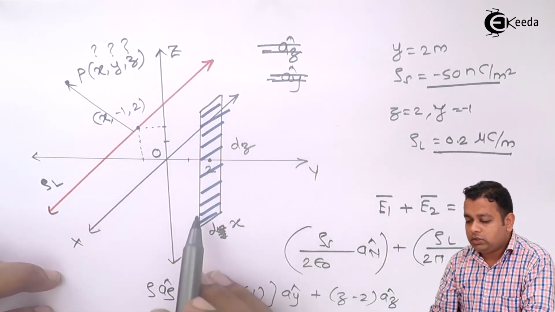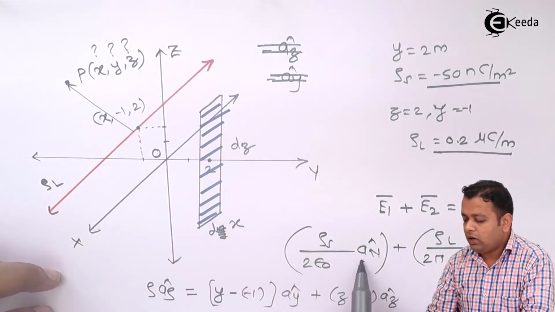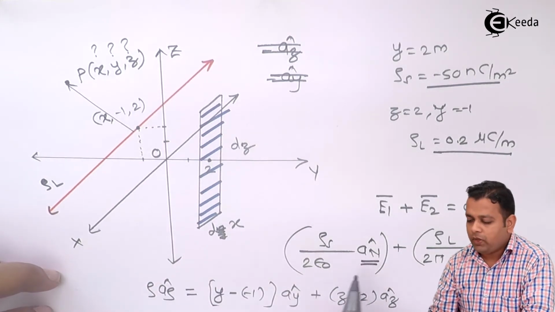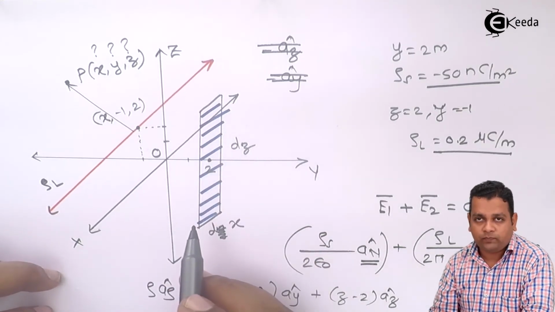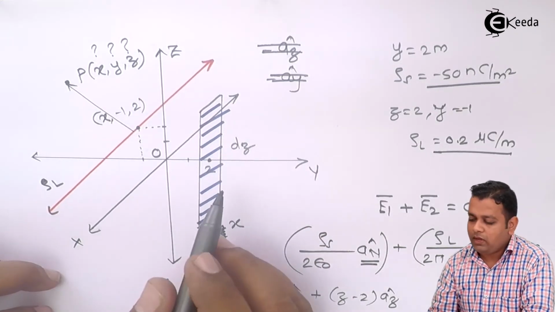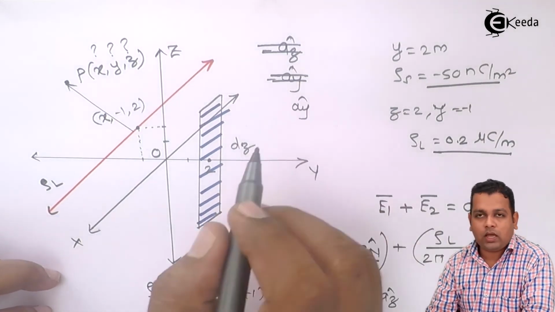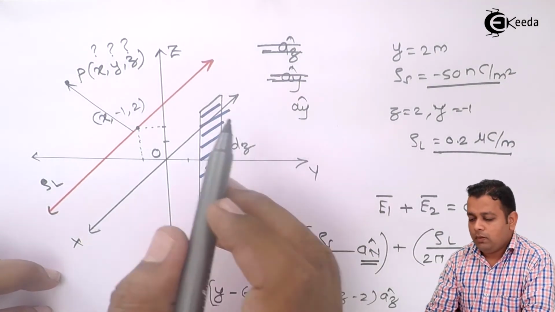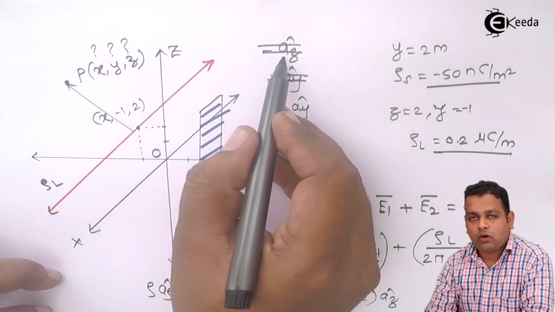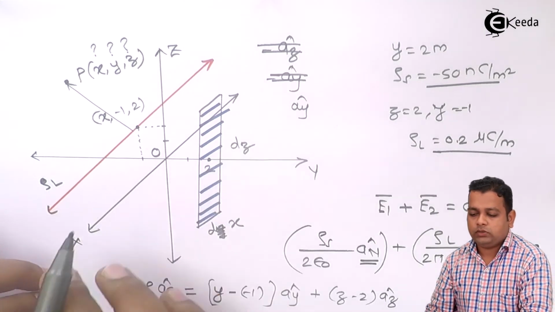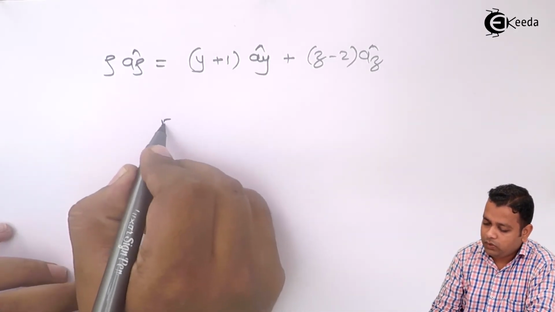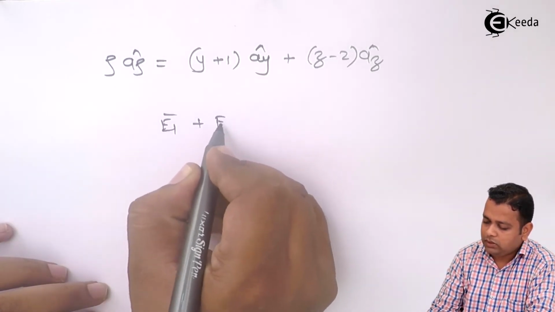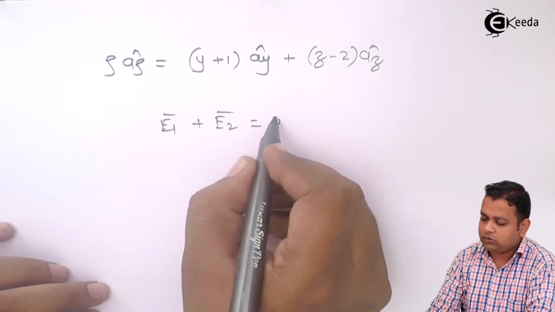Now because of this sheet of charge, the possible direction is perpendicular. As the sheet of charge has x and z dimensions, the normal direction is y, so it will be in ay cap only. Now because of the line charge, there is a component in z. So here, we require the condition E1 bar plus E2 bar should be equal to 0.